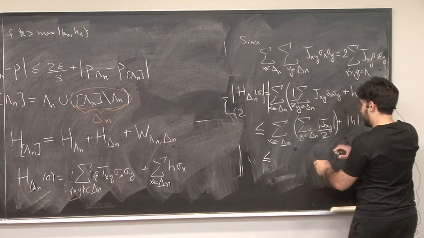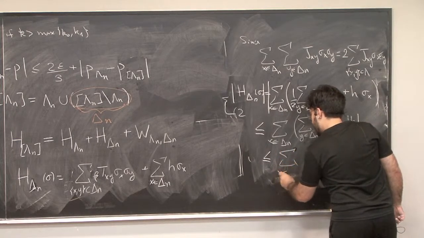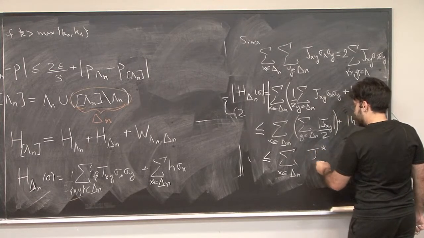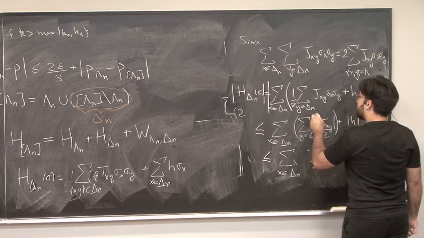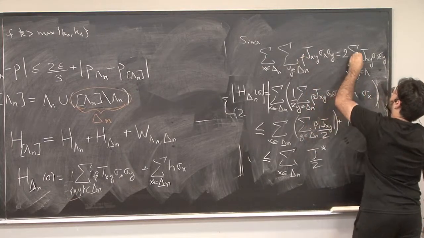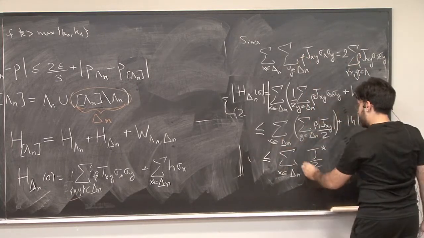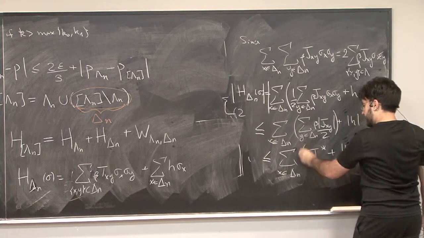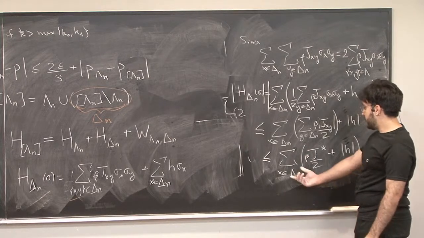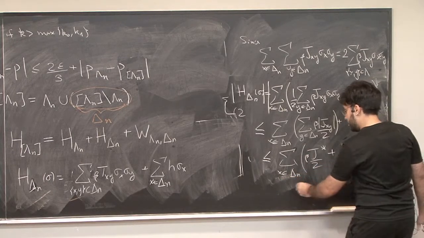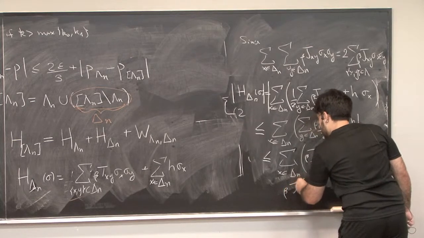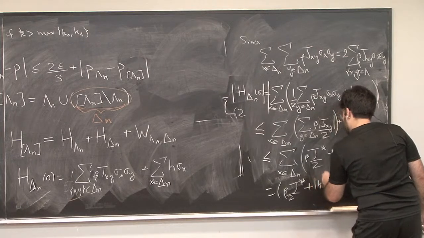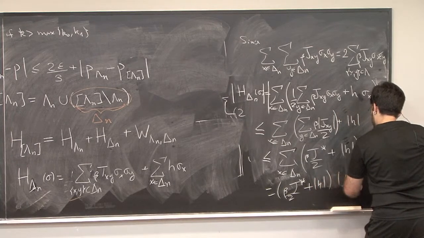So this is the sum of x in delta n of beta j star over 2 plus h. But this is a constant, and I'm summing every point inside delta n. So this will be a constant, beta j star over 2 plus h, times the size of delta n.